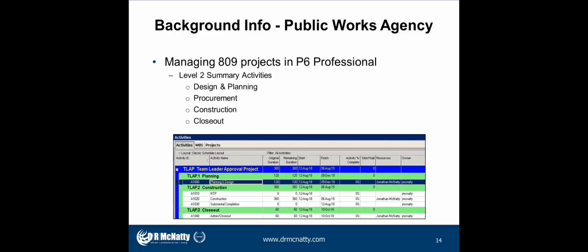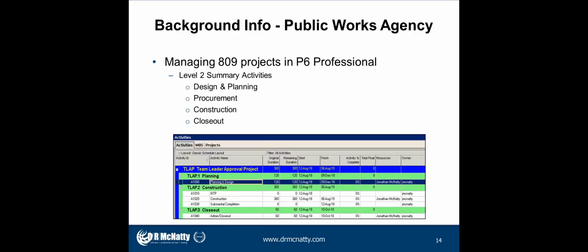So what they're using first and foremost is P6 Professional as the scheduling tool. They're managing around 809 projects in P6 Professional for just the water side of things. They do keep their schedules pretty simple, and I wanted to explain this because we're working at a level 2 summary.